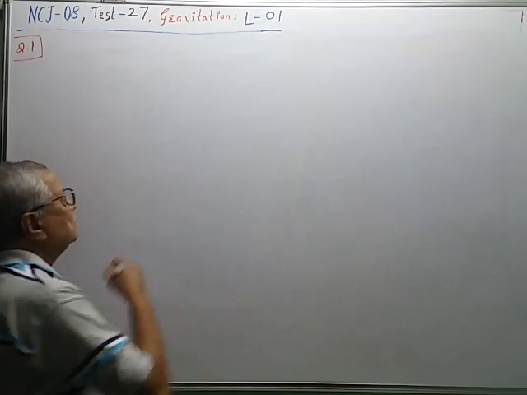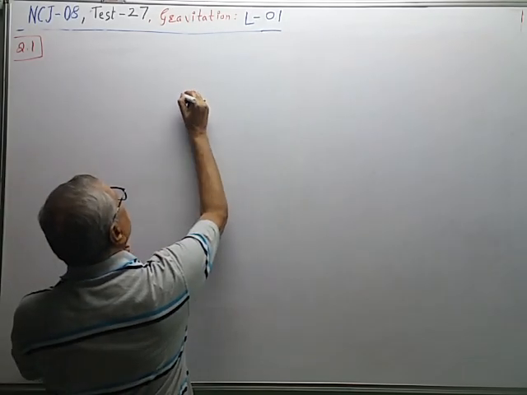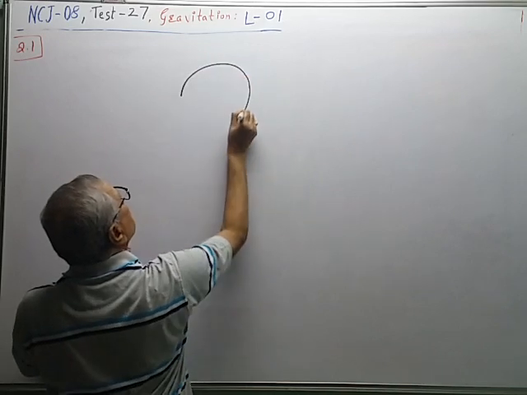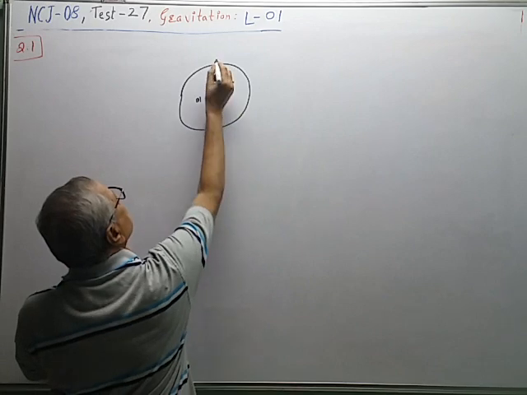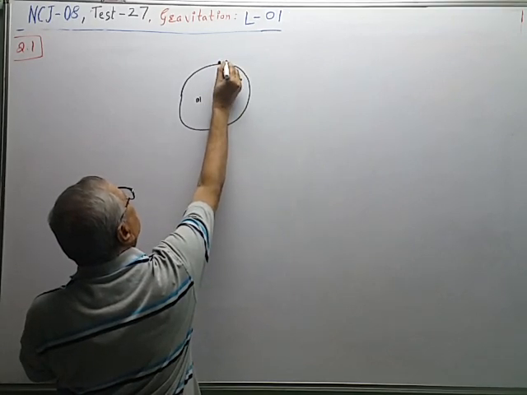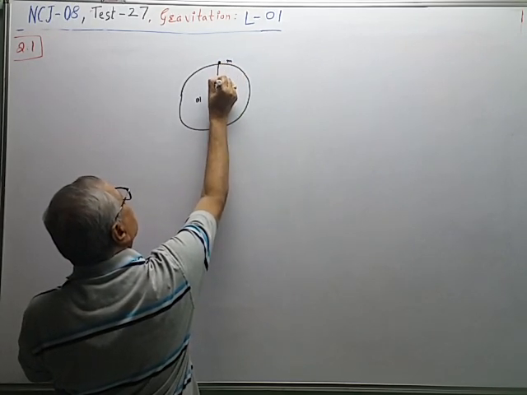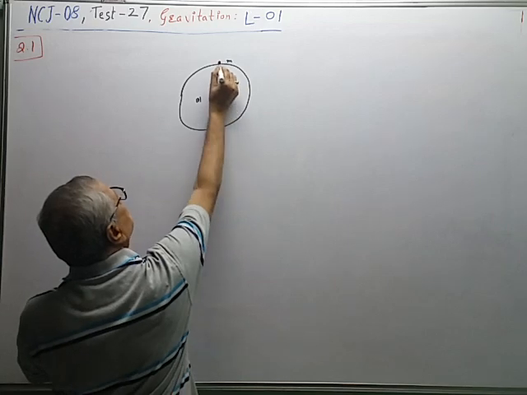So the situation is like this. Consider a planet of mass M. This is the center of the planet. This is a body of mass m kept on it. R is the radius of the planet.